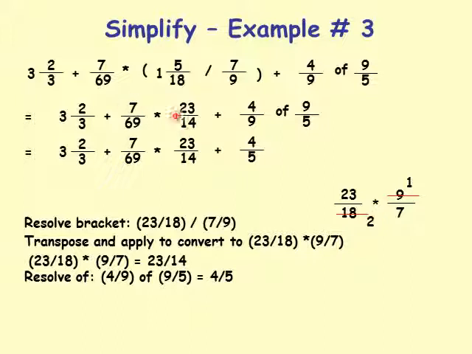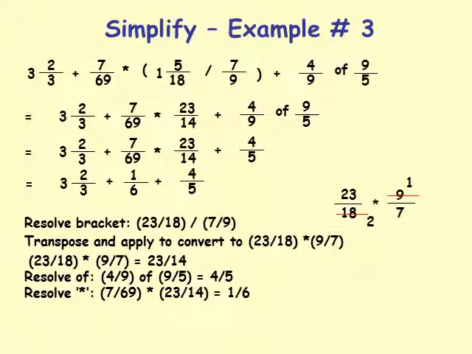This becomes 1 here, and this becomes a 2 here. So this part, 7 over 69 times 23 by 14, reduces to 1/6. That's what we're doing here. So that's the 1/6 here, and we're going to now replace this part by 1 over 6. Okay, continue here. So this stays, and this stays, and this part becomes 1 over 6.